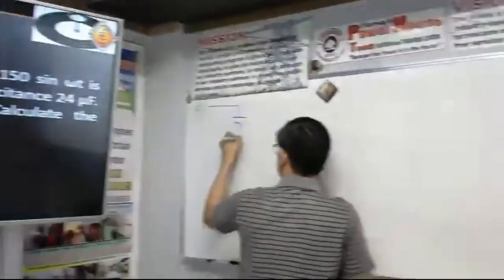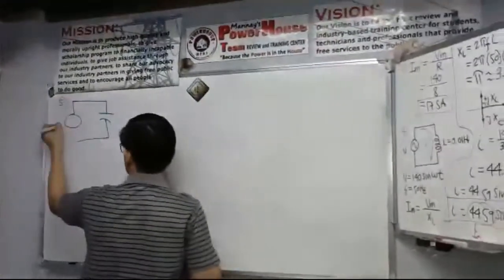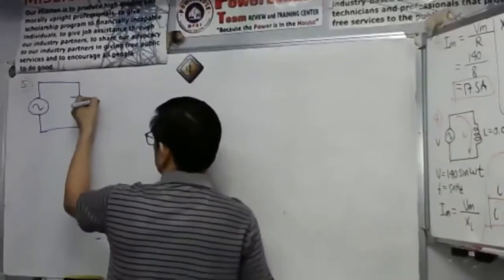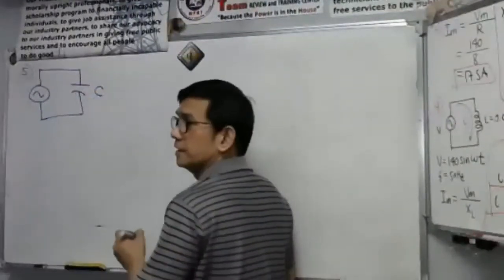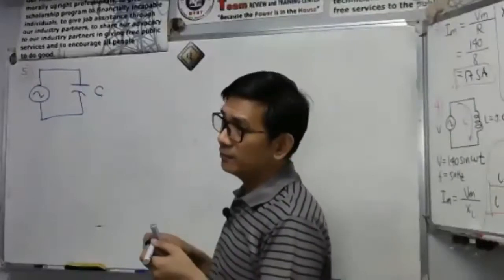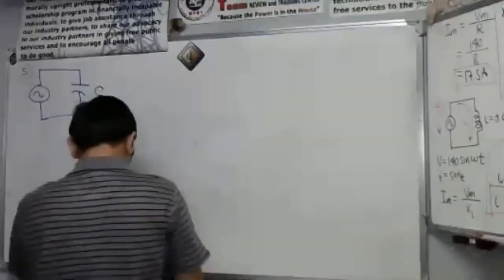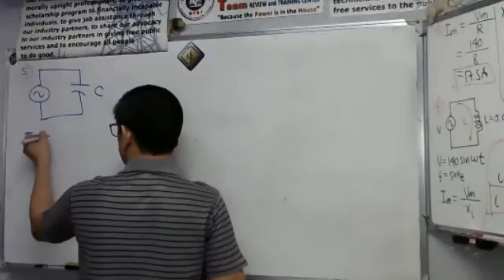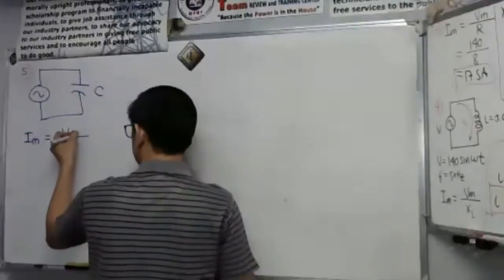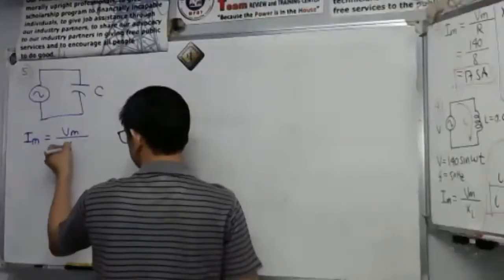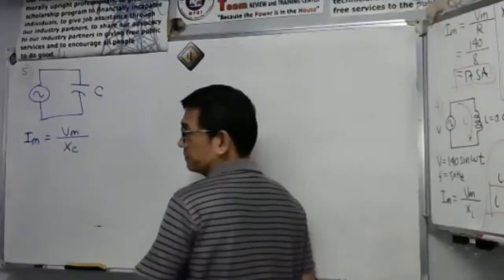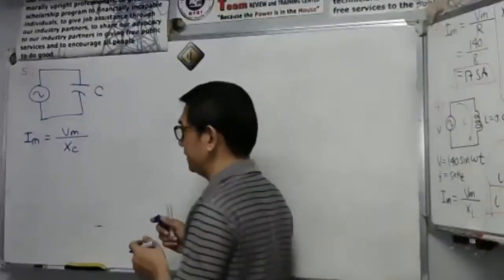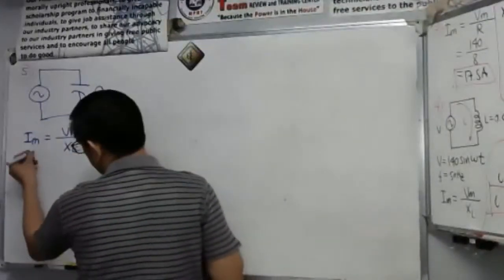We have a voltage. Okay, so the question here is the maximum value of current. Again, our maximum value of current is maximum voltage over X sub C. Well, the maximum voltage is already given to be 150 volts. What about our X sub C?